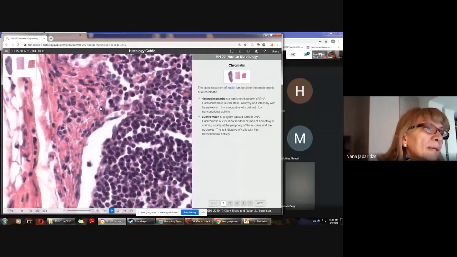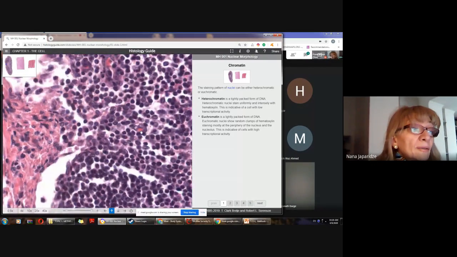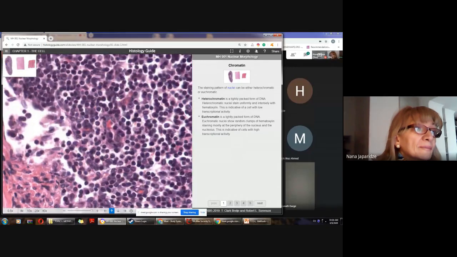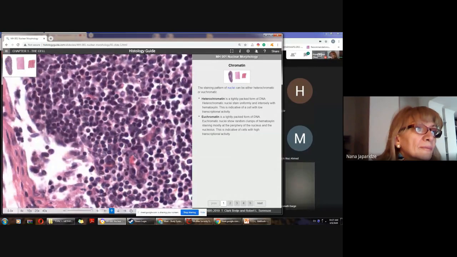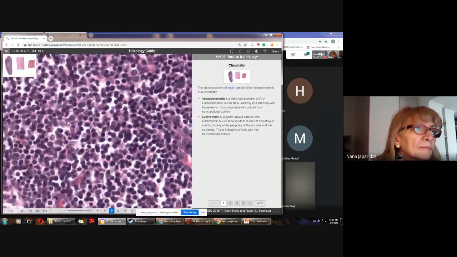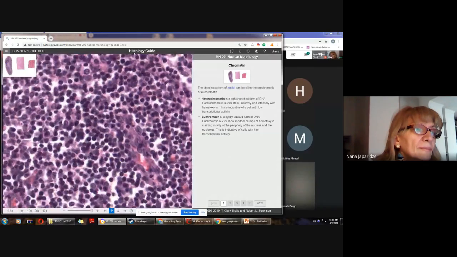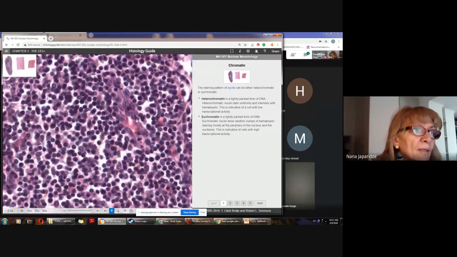Look, fibroblasts. Or red blood cells without nucleus. Blood capillaries.